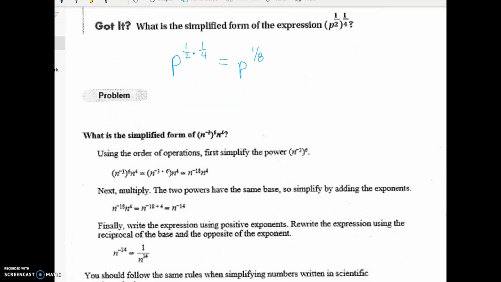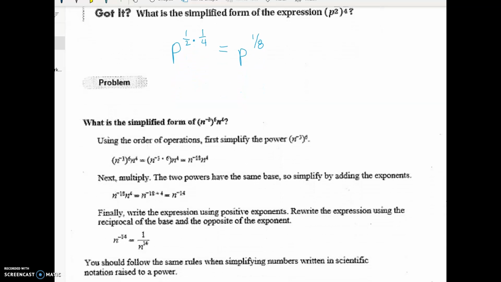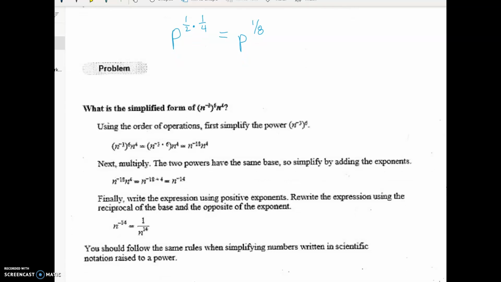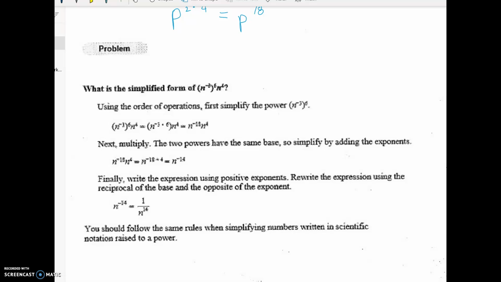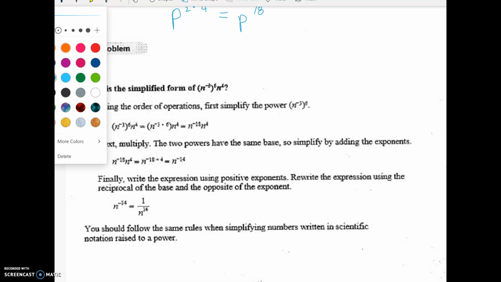So in this next example, we can see that the problem has become a little more complex. We have a power raised to a power, but then it's also multiplied again by another term. So what we have to do is think of this in steps. So I'm going to change my color here. All right.